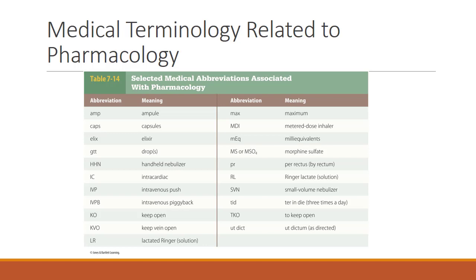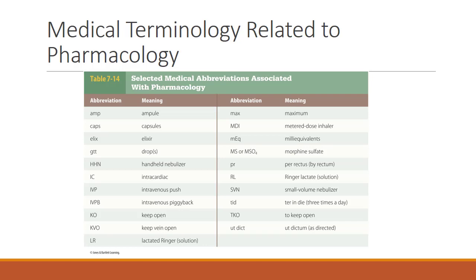So moving over to the right-hand column, we see MDI in the second row there, which indicates a metered dose inhaler. So that might be something you will use. Again, you see RL as ringers lactate.